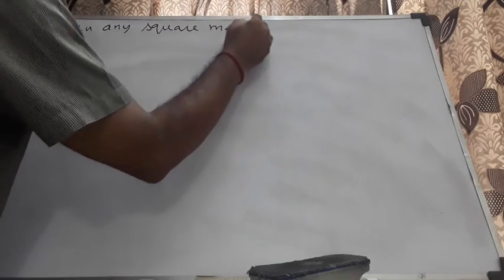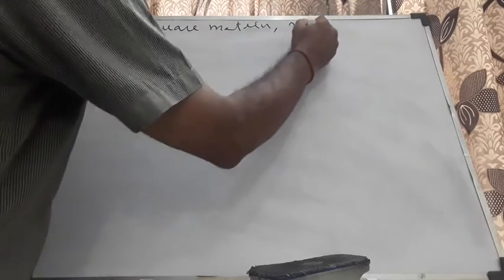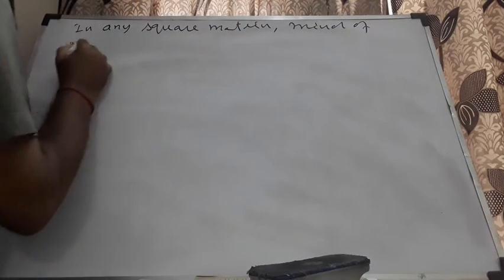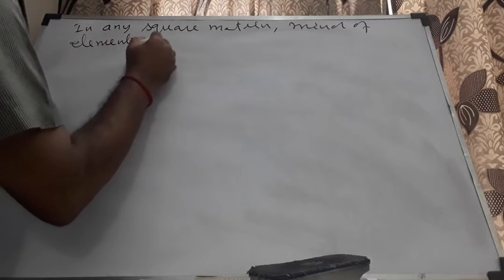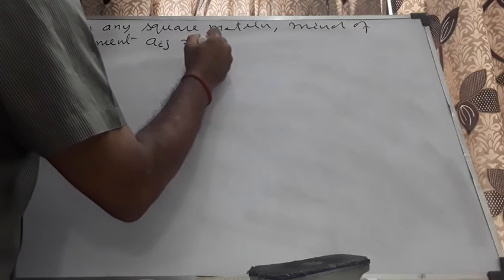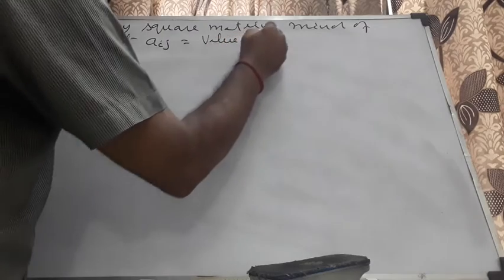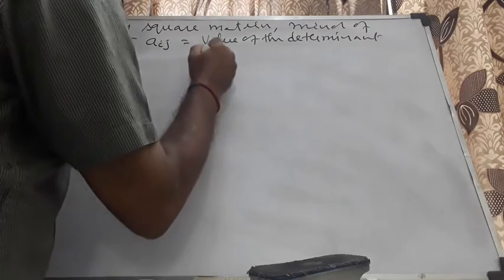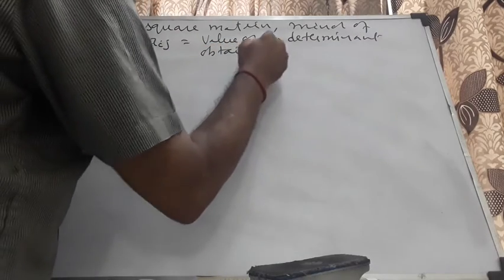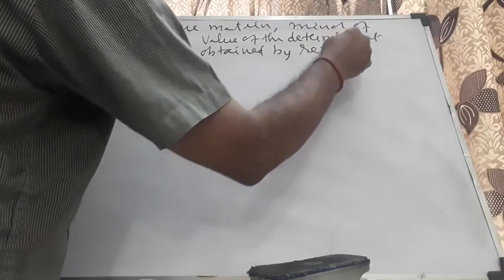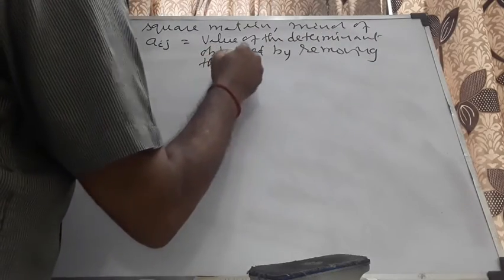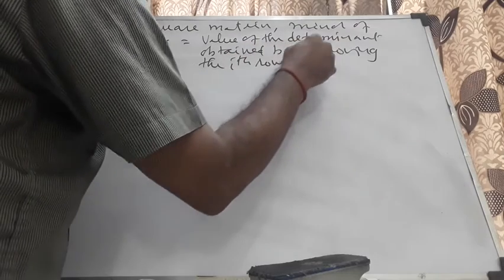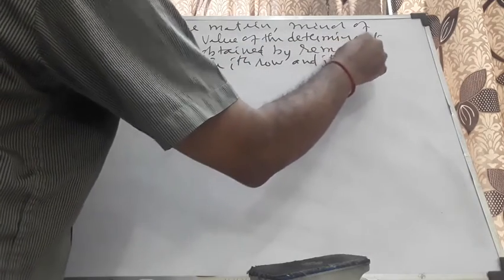In any square matrix, the minor of element Aij is equal to the value of the determinant obtained by removing the ith row and jth column. This is the definition.